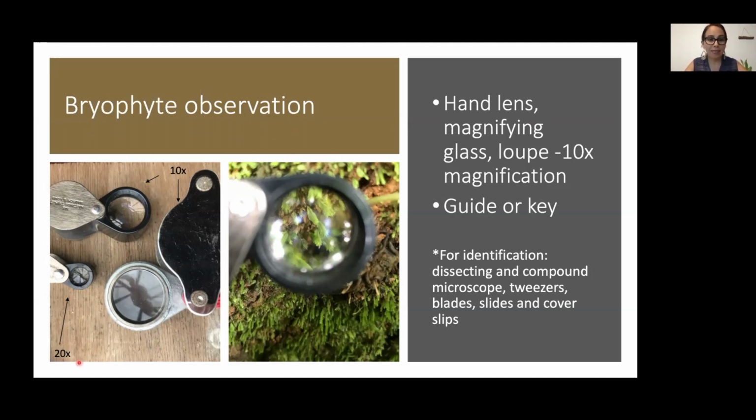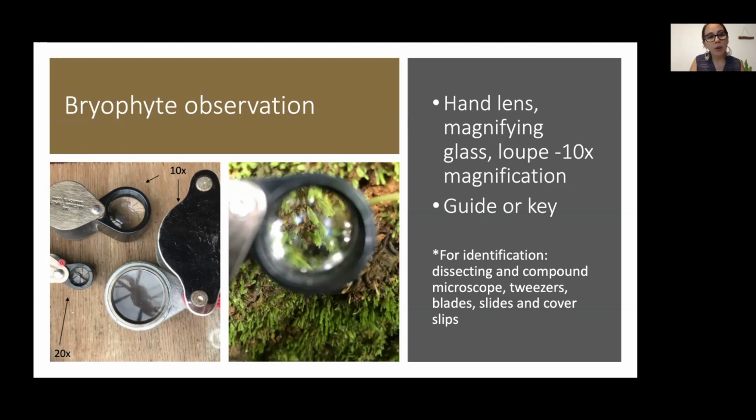Okay, and then I'm going to jump again to the 20x in the corner. That is the little baby one here, everybody. I don't know if you can see me in the camera too. I have them both. And that is really small, and it's helpful for looking at characters of the leaves of bryophytes, because as I said, mosses have leaves and liverworts too.